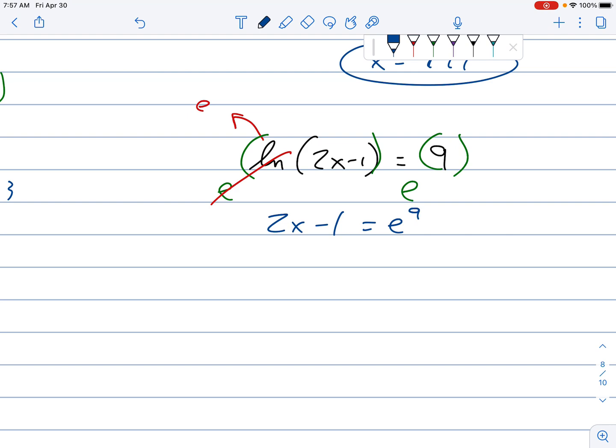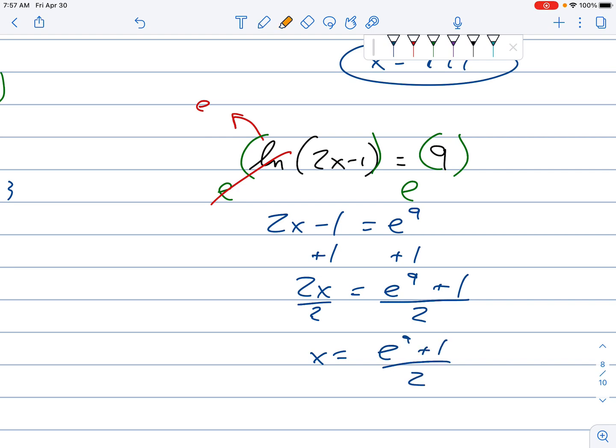What's e to the 9th? I have no idea. It's 2.7182 to the 9th. Doesn't matter. We're going to leave it like that for now, just like leaving it in terms of pi. What's e to the 9th plus 1? I don't know. Divide everything by 2, and I get this in terms of e: e to the 9th plus 1, all over 2.